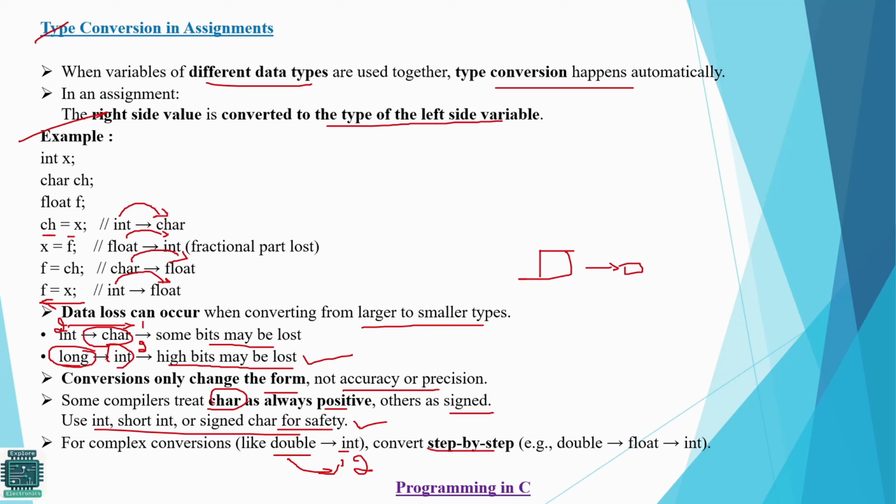First, we convert double to float and float to int. Just as if we want to succeed at something, we go one by one, step by step. In the same way, in the reverse case, if you want to convert a large type into a small type, you convert step by step, like double to float and so on.